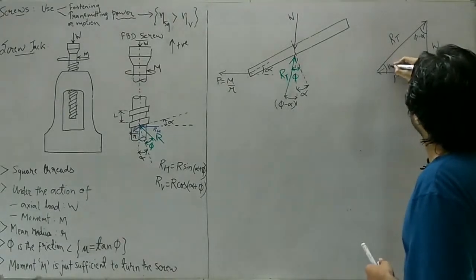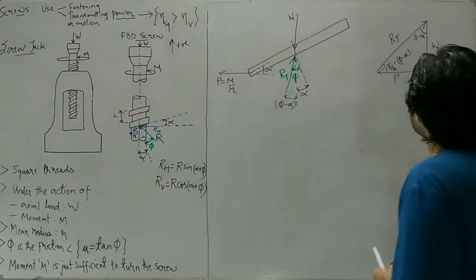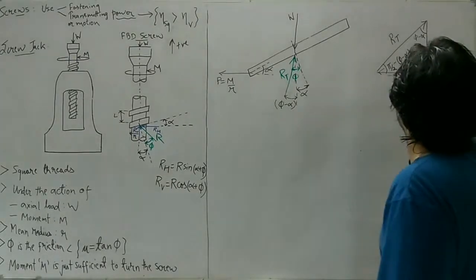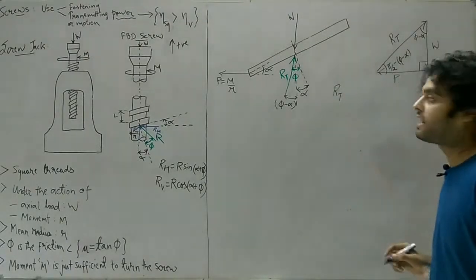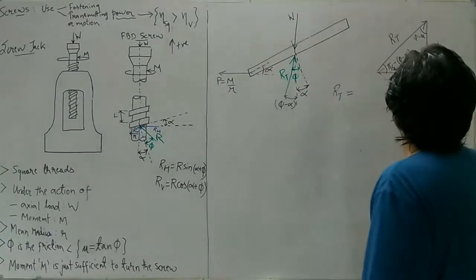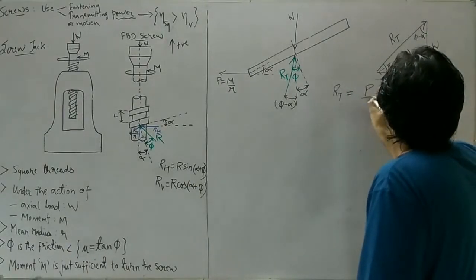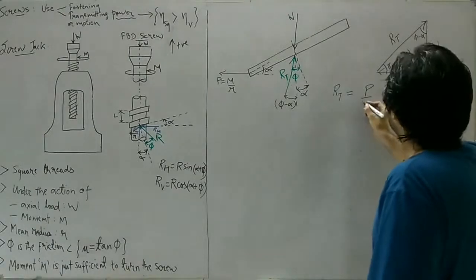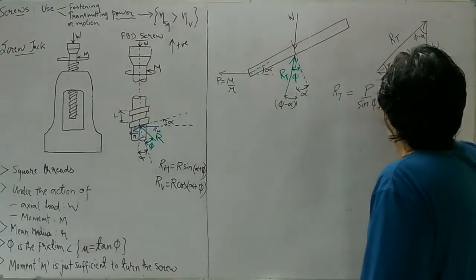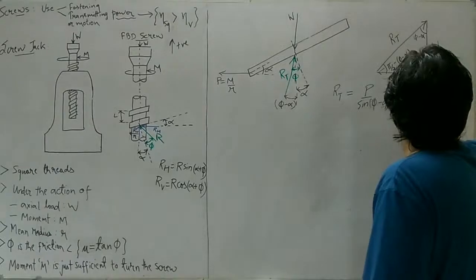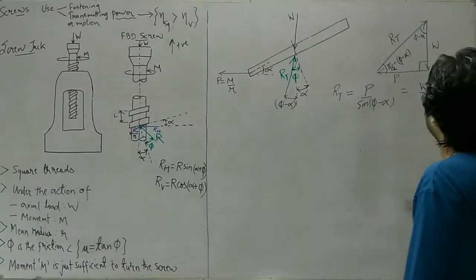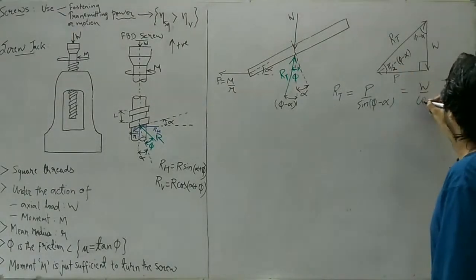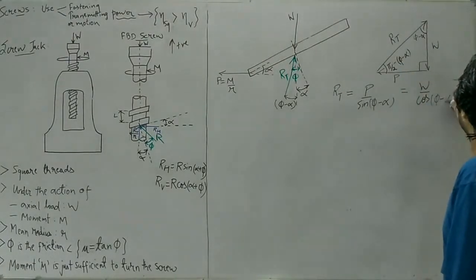Of course, this angle will be pi by 2 minus phi minus alpha. So if we write the relationship between W, P and RT, we have RT divided by sin 90, that is 1, is equal to P by sine of this angle, which is sine phi minus alpha, is equal to W by sine of this angle, which is cos phi minus alpha.